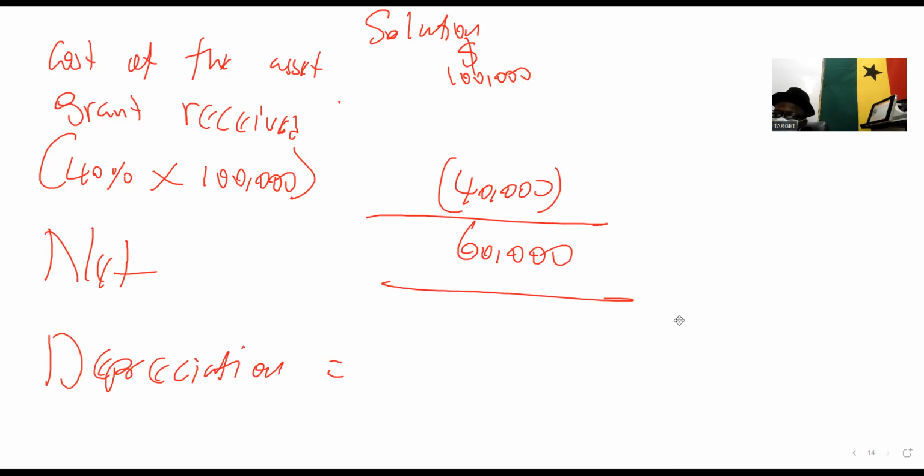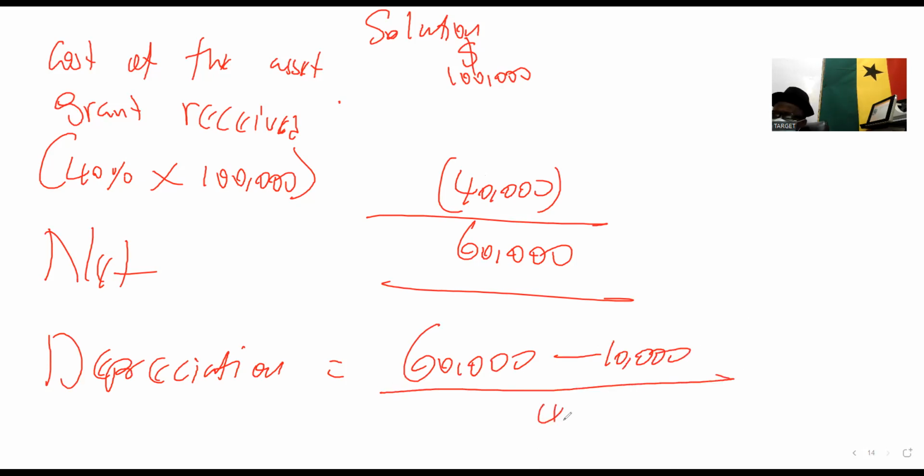Depreciation will be calculated as the 60,000 minus the scrap value of $10,000, all divided by 4 years. 50,000 divided by 4 gives us $12,500. Good. Now let's provide the accounting treatment.